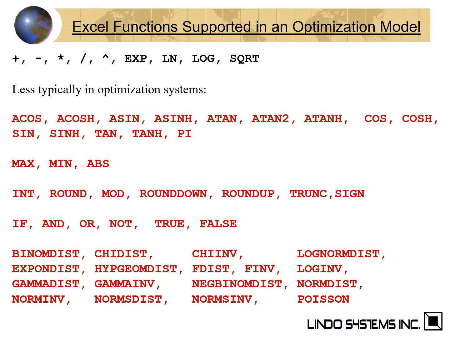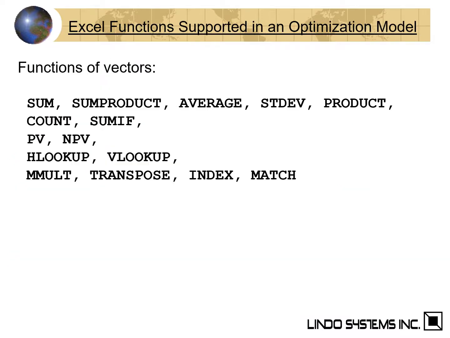And logical functions, if, ands, you can use them in What's Best. I would recommend use them sparingly because they do make the model combinatorial, but we do recognize them and support them. And finally, some of the standard probability distributions are available in Excel.